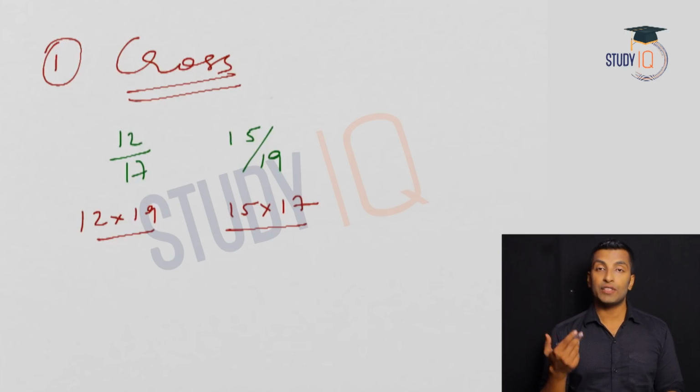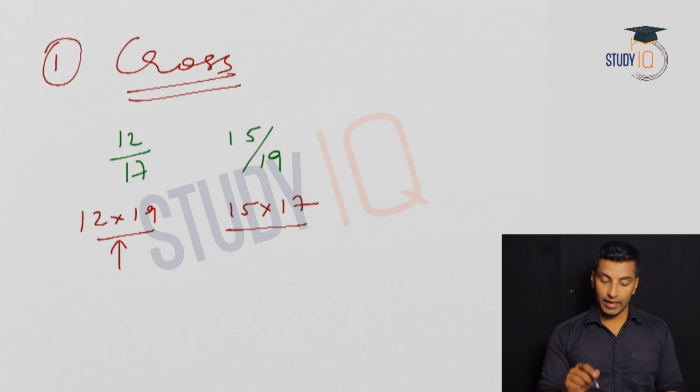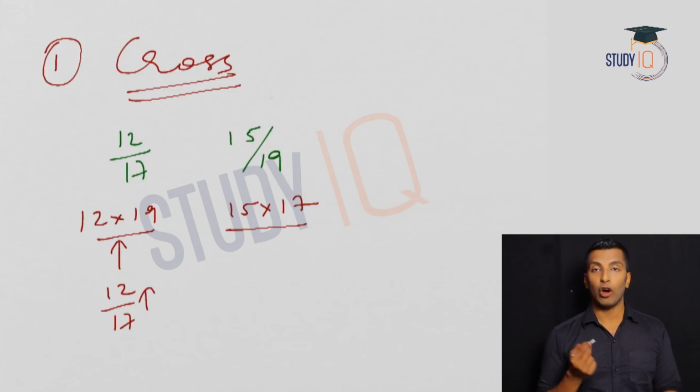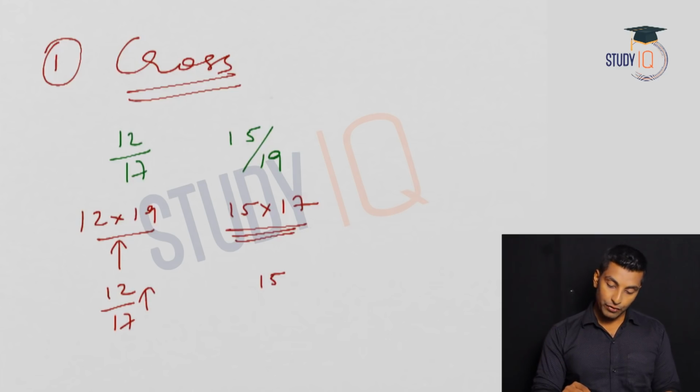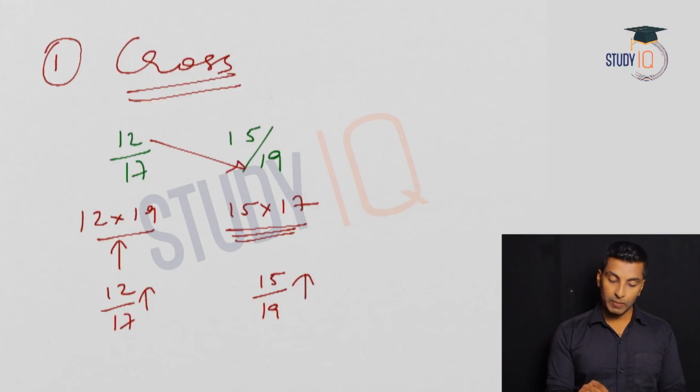See which one among these is larger. If 12 into 19 is larger, then the ratio 12 by 17 is larger. If 15 into 17 is larger, then the ratio 15 by 19 is higher. I hope this is clear. So just do the cross multiplication and see which one is the largest.